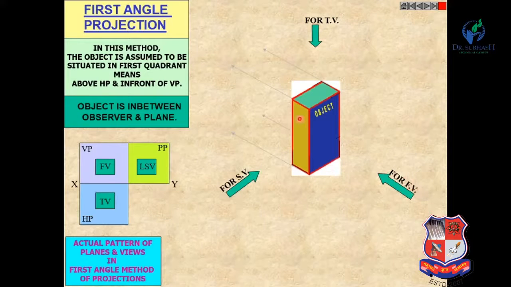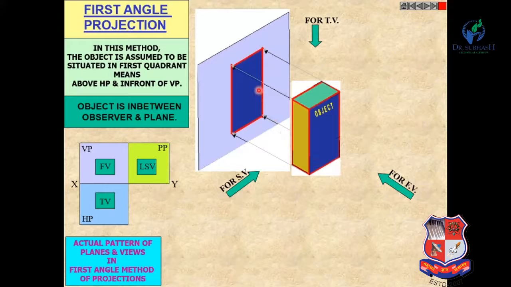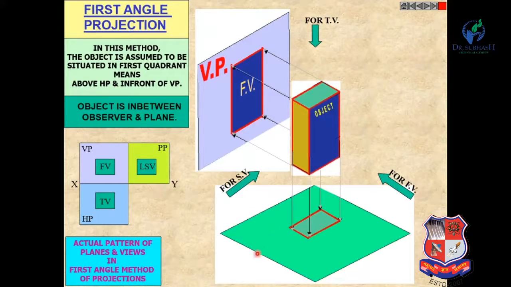Now for the front view, you can see the projection of this object is on VP, and this view is the front view. Here the object is in between the observer and the reference plane. Similarly for the top view, this plane is known as the HP and this view is known as the top view.